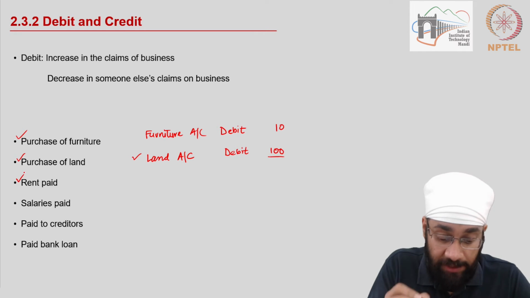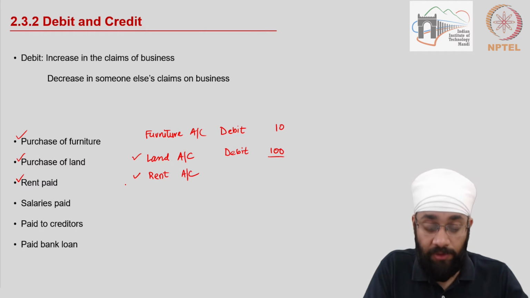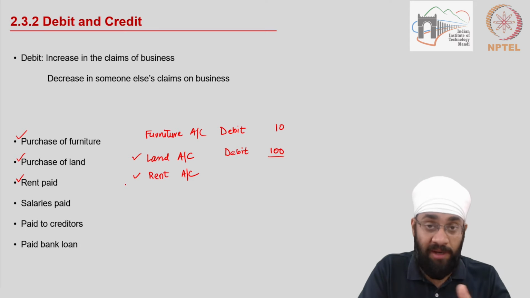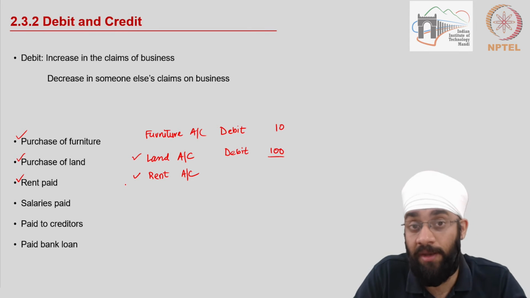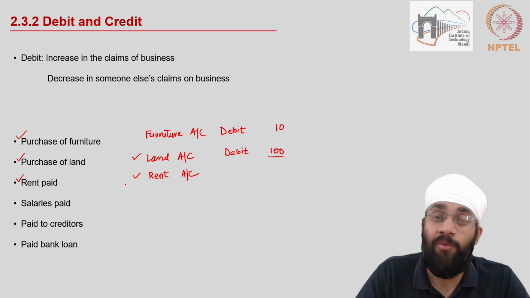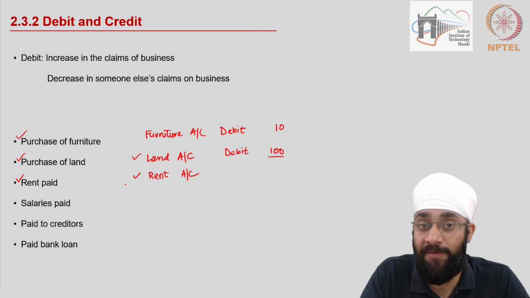All right, next is rent paid. Rent paid, there is going to be a rent account. Of course, every month if you are paying rent, you will maintain a separate notebook for it, and you keep writing how much rent was paid. When business pays rent, as we discussed earlier, the business does not own this property for which rent is being paid, right?